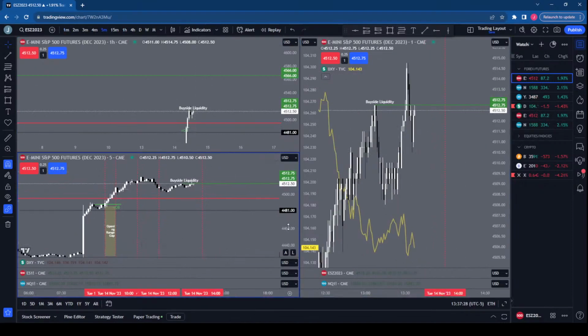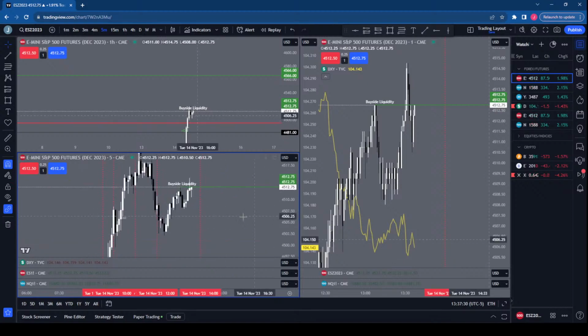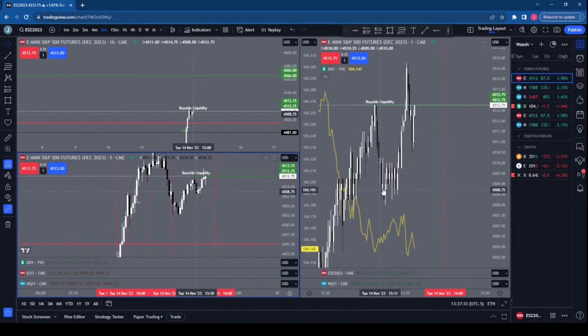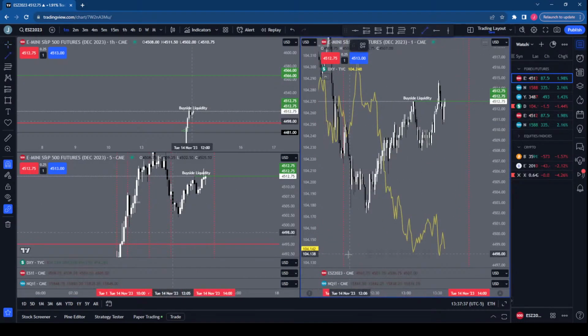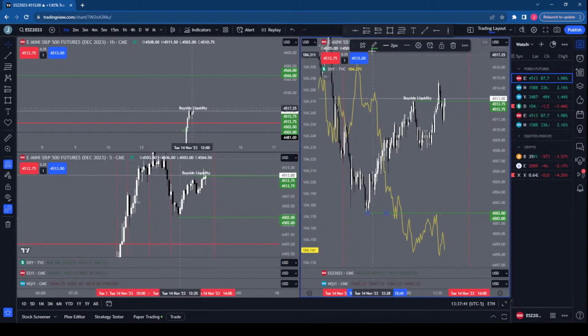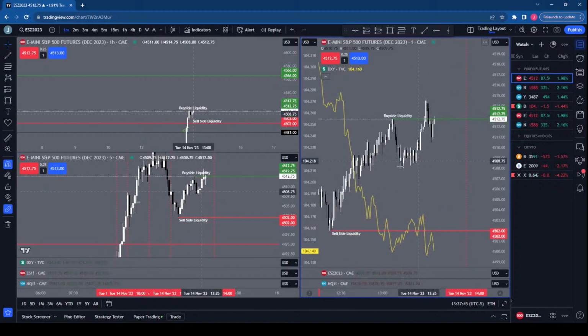So for ES, did I not outline the sell side for ES? No, I didn't. I know a lot of times we usually frame PM session under the guise of, if we take the buy side, we'll target the sell side.